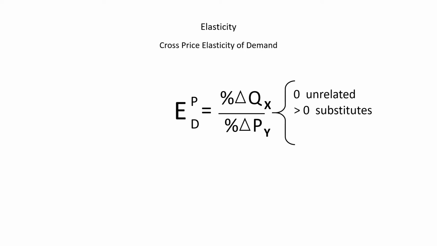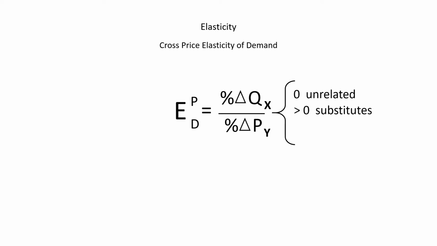If consumers considered good X a substitute for good Y, then an increase in the price of Y would cause people to buy X in its place. The increase in the price of Y would cause an increase in the quantity of X demanded. This direct relationship between the price of Y and the quantity demanded of X would cause the coefficient to be positive, greater than zero.